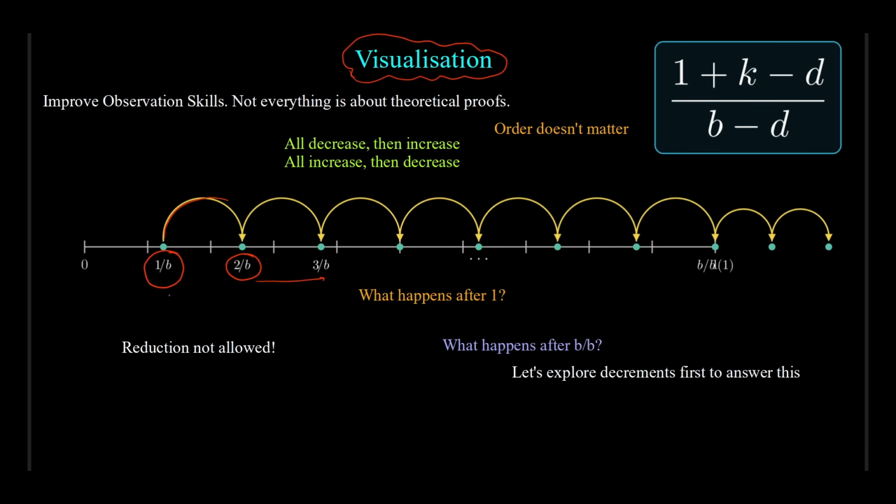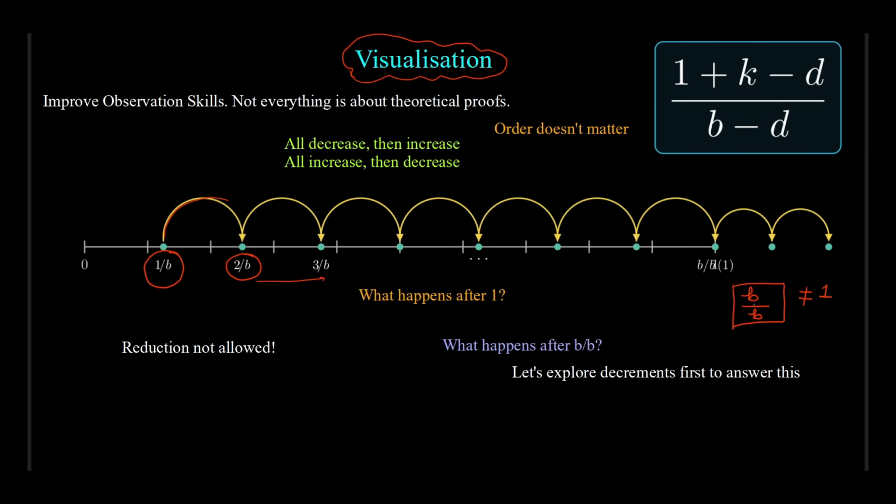So now you can notice a pattern. In each stage you increase the numerator by 1. So after b minus 1 stages, you will eventually reach b upon b, right? And keep in mind that b upon b is not equal to 1, like I already clarified in the video earlier.